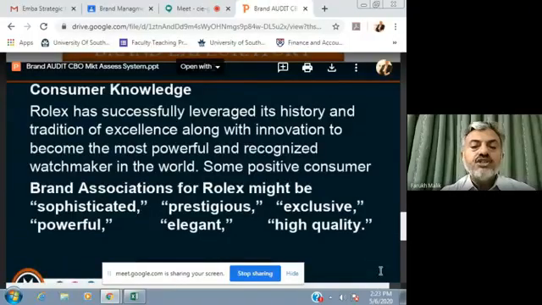Positive consumer brand associations for Rolex might be sophisticated, prestigious, exclusive, powerful, elegant, and high quality. These are the brand associations that customers have with Rolex.